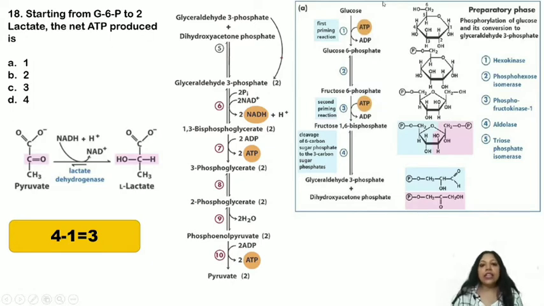So, the net ATP from glucose 6-phosphate to lactate is only 3, because no ATP is generated from pyruvate to lactate. One more point is that NADH is not generated in this step, rather it is oxidized in this step. And second, this question does not ask how much net ATP you get in oxidative phosphorylation from glucose 6-phosphate to anything, correct?